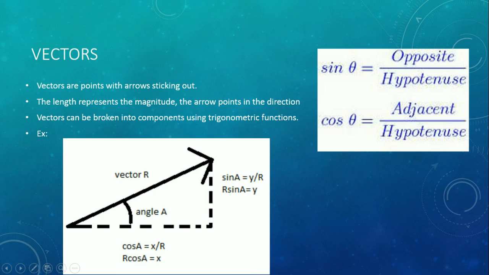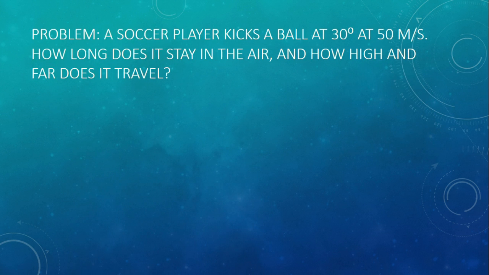TOA is tangent equals opposite over adjacent. So using that acronym, cosine of A is x over r. So x is adjacent, r is hypotenuse. So to solve for x, you move r to the other side. So r cosine A equals x. So if the angle is measured from the x-axis, the vector times the cosine of the angle equals the x component.